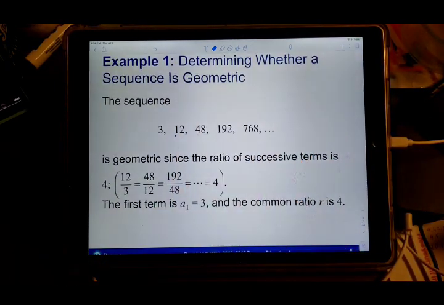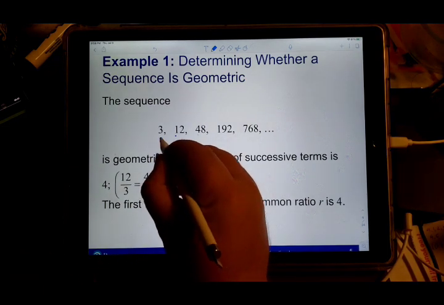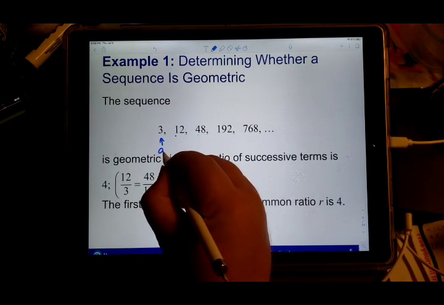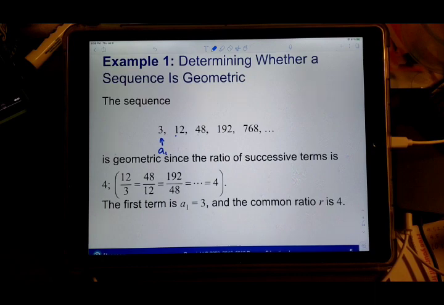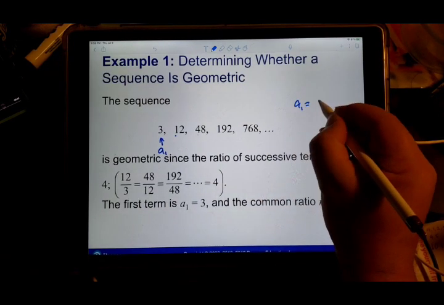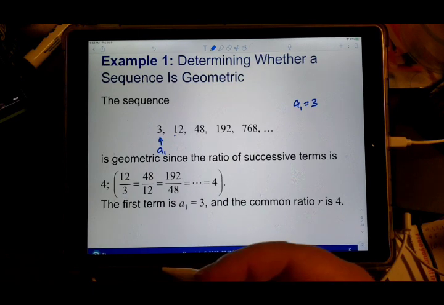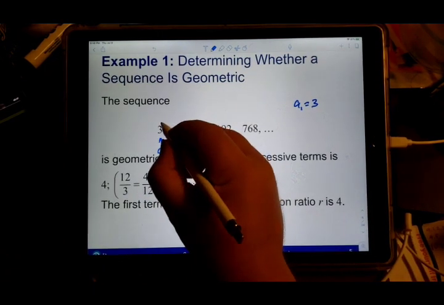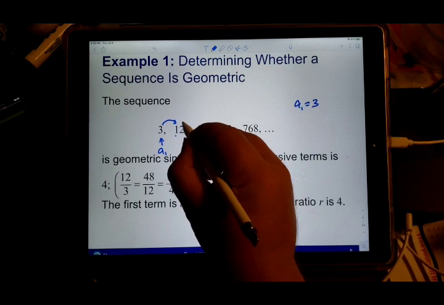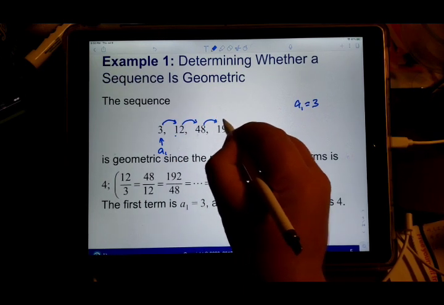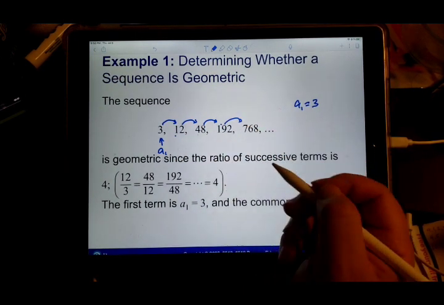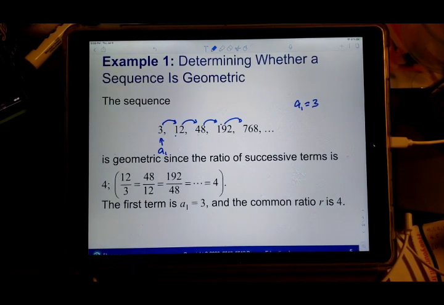All right, so a lot easier to see here. The thing that's visible is the first term. A1 is 3. The thing that's invisible is the common ratio. Now the common ratio is what I'm multiplying by every time I get a new number, a new term.